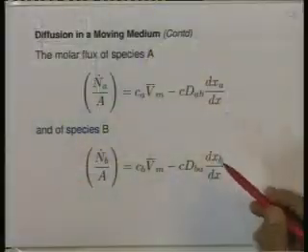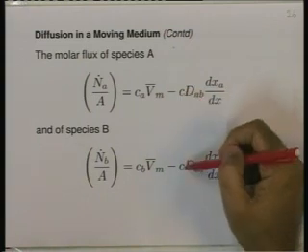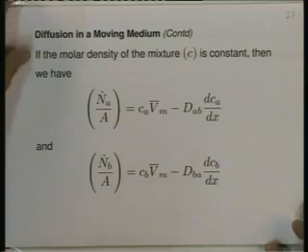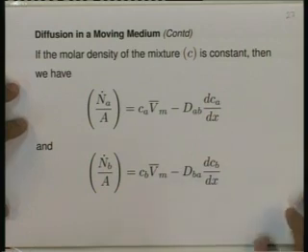In these expressions, it is not necessary that the molar density of the mixture C be uniform, but if it is uniform or constant, then the expressions which we just saw can be replaced by slightly simpler forms, not in terms of mass fractions as in this case XA and XB, but in terms of molar densities Ca and Cb.